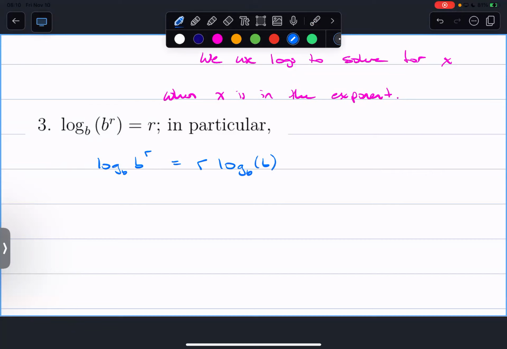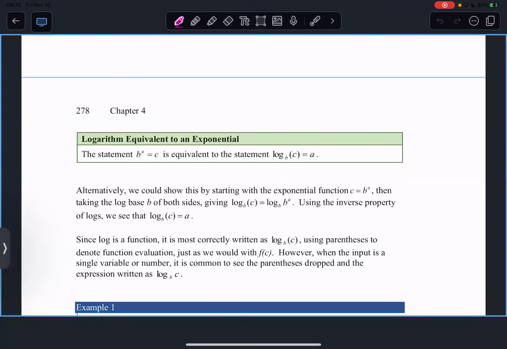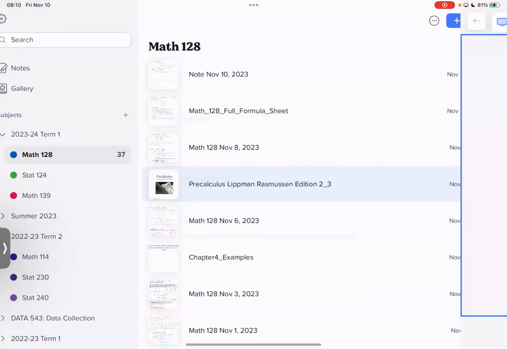But log base b of b is 1, because I can rewrite this log as an exponent, right? And so here, b to the power of something equals b, right?